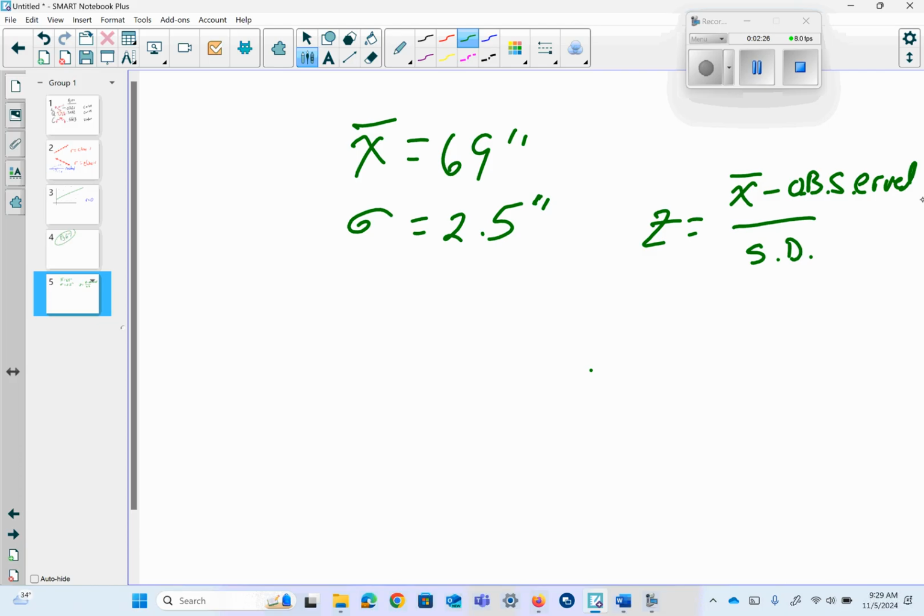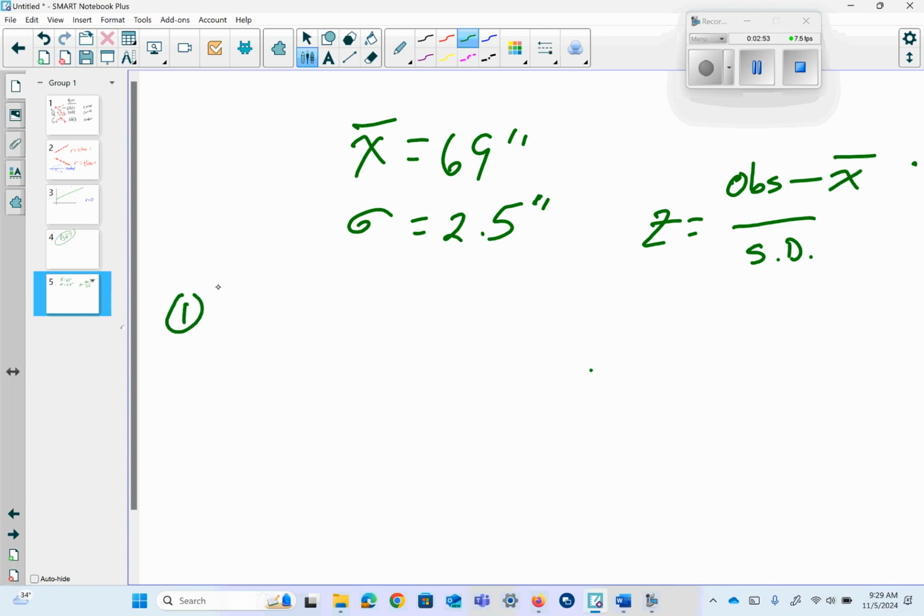Almost there. Yeah, right there. The z-score equals observation minus mean over the standard deviation. Okay, so I went backwards. Observed minus the mean.